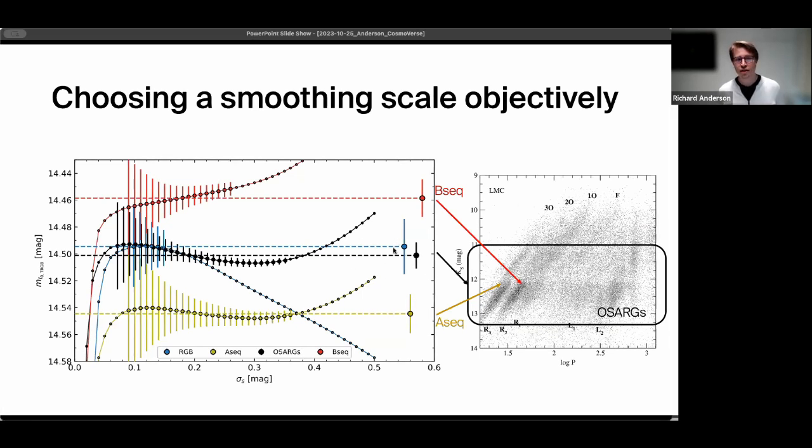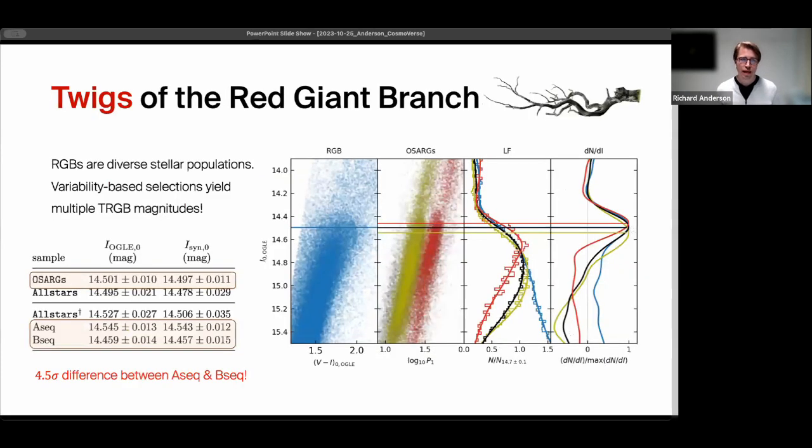And then the blue points here is using the exact same definition for how we choose the smoothing parameter and so on, but using all the red giant stars. So this leads to a consistent result with the ozargs, which is also what you expect, given that the ozargs make up 100% of the stars at the TRGB feature.